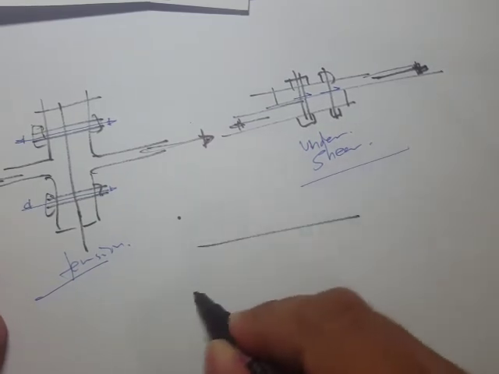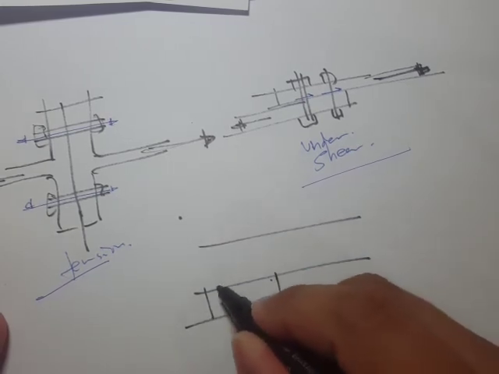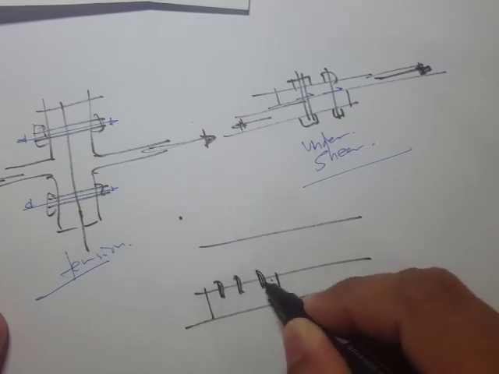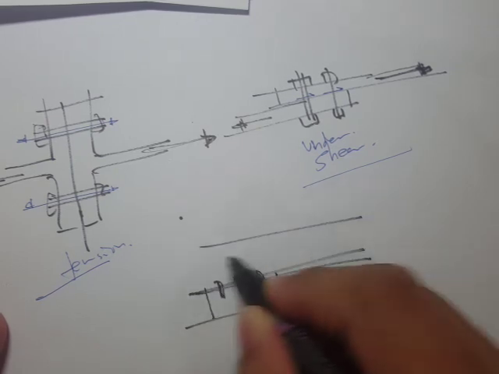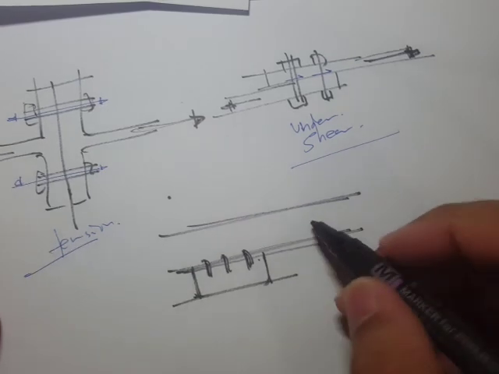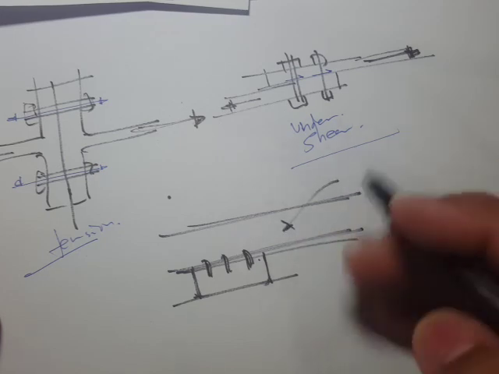For example, we have a connection wherein this is our bolt and this is our steel shape, or the W shape, or whatever.